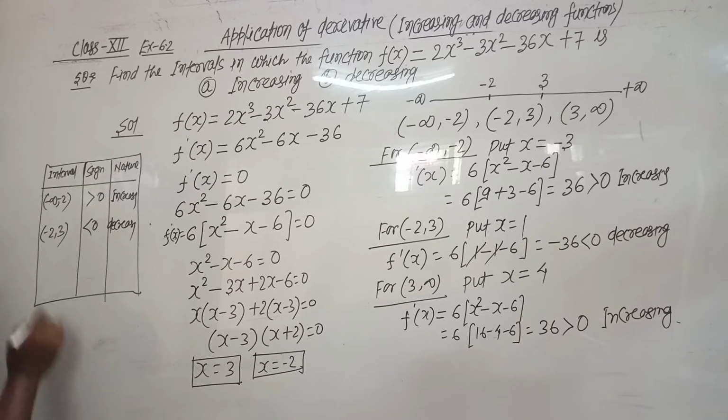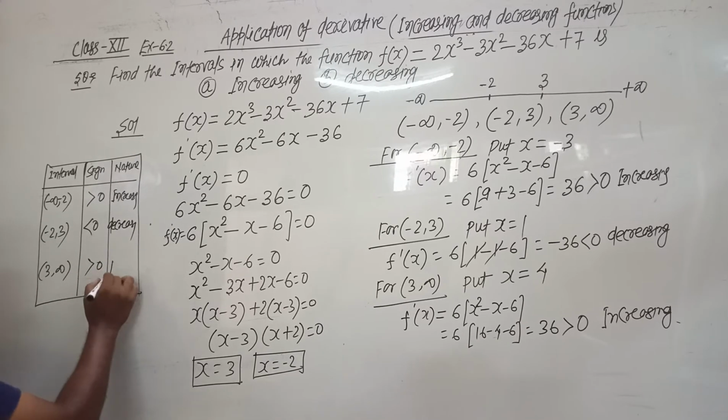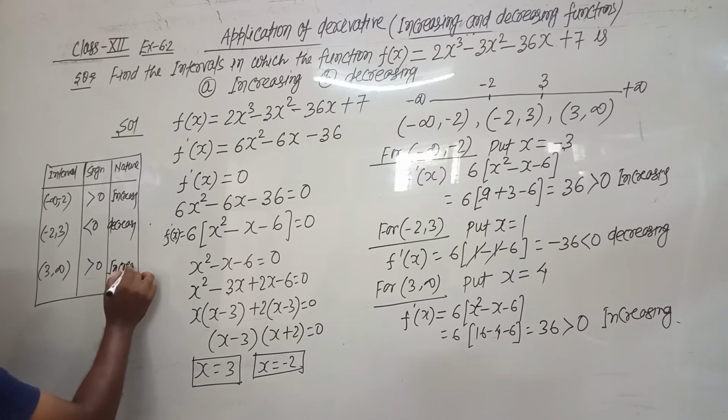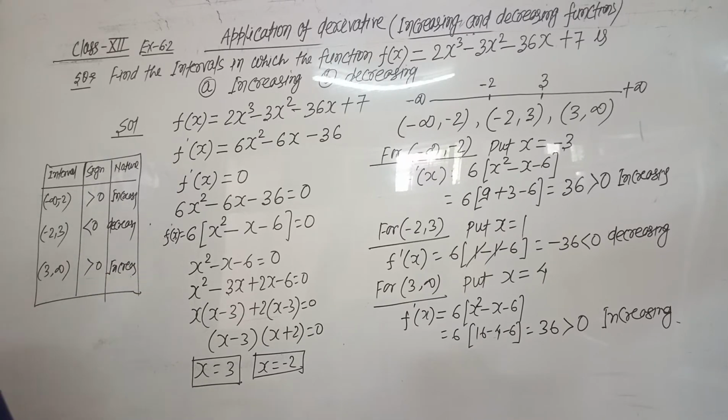And the last interval is from 3 to infinity. Its sign is greater than 0 and the function is increasing. So this is the way to find the intervals in which the function is increasing or decreasing.